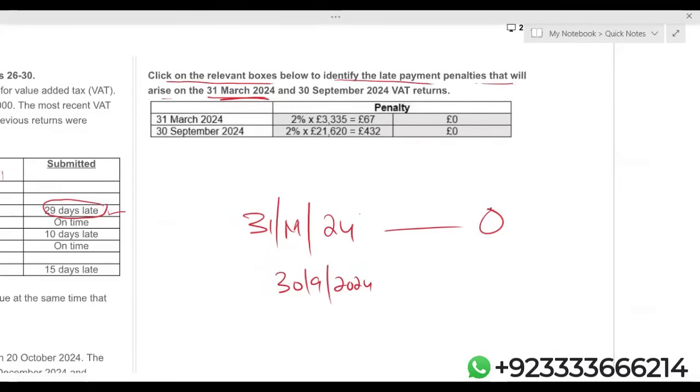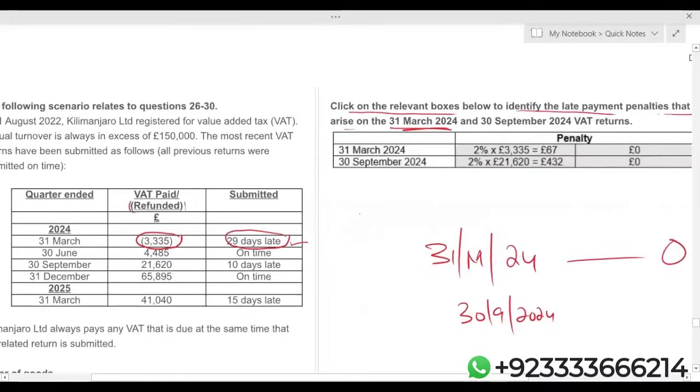When you're submitting between 16 to 30 days, then you have to pay 2%. If you're going for more than 30 days, then you will have to pay 4% plus a daily penalty will apply. But the point is, everything is applicable when it is VAT payable. So March 24 is VAT refundable, no penalty.